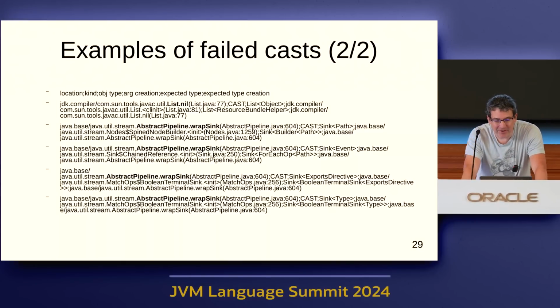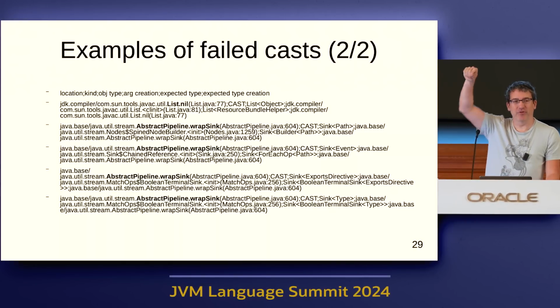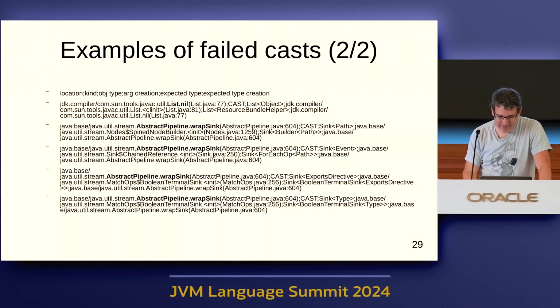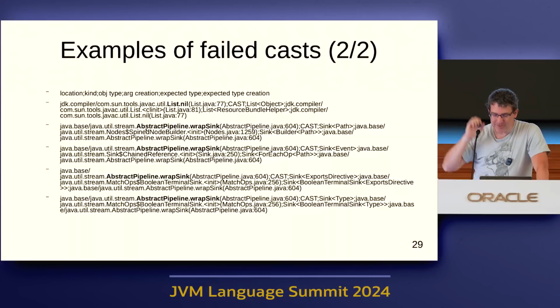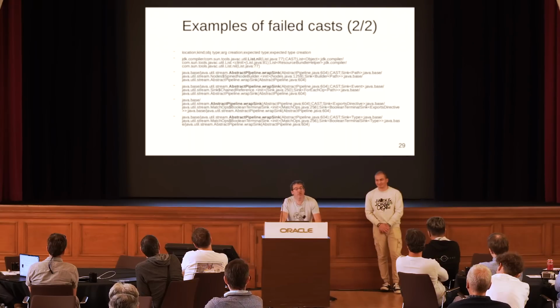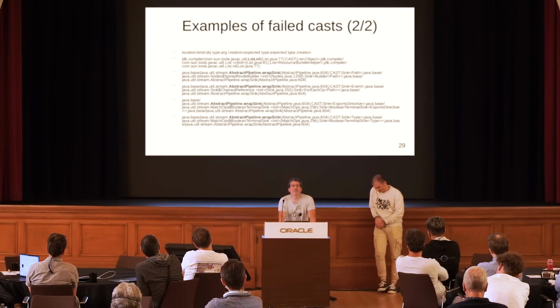We have another example of failed cast. I have only picked one method in the stream API. We have an abstract pipeline and a method called wrapSink. There is something which is really great at the JVM Summit, which is that we have all the people that have written this kind of code.